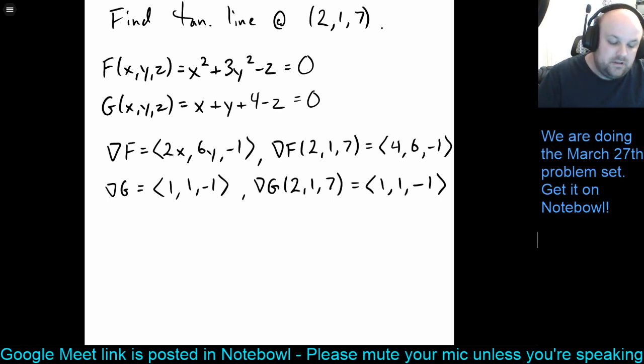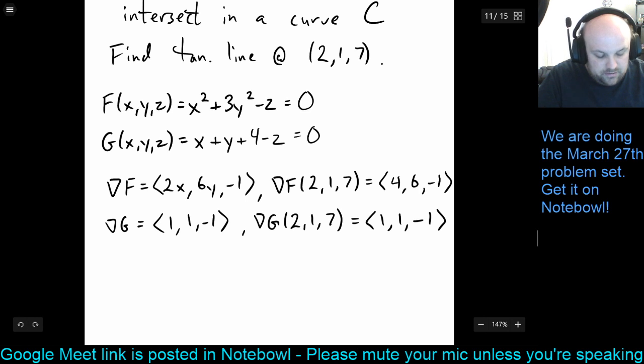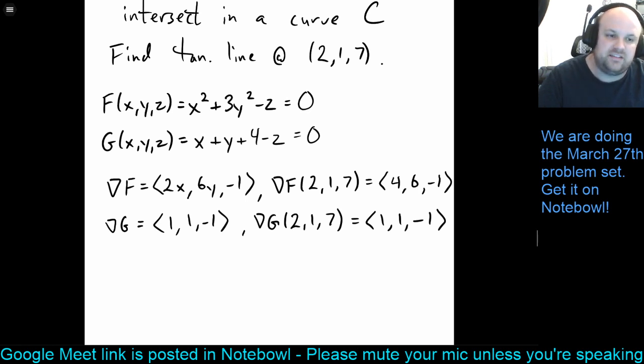Right. So now that I have these two, and they're perpendicular to the surface at (2, 1, 7), in particular they're both perpendicular to the curve C there. What would I do with them to create a vector that's tangent to the curve? Remember, the curve is going to have two perpendicular directions and one tangent direction, because it's sort of a one-dimensional object.